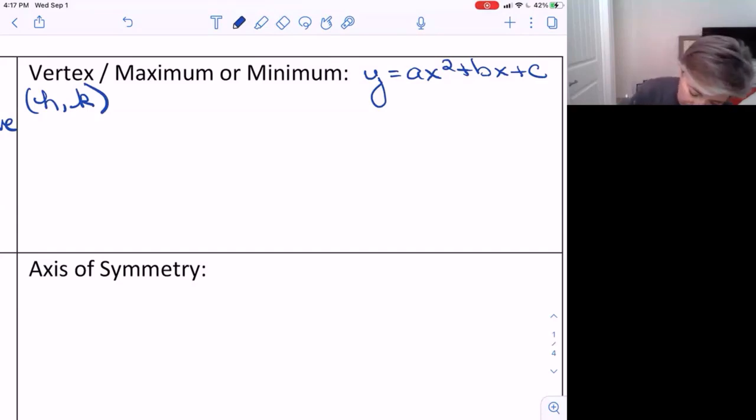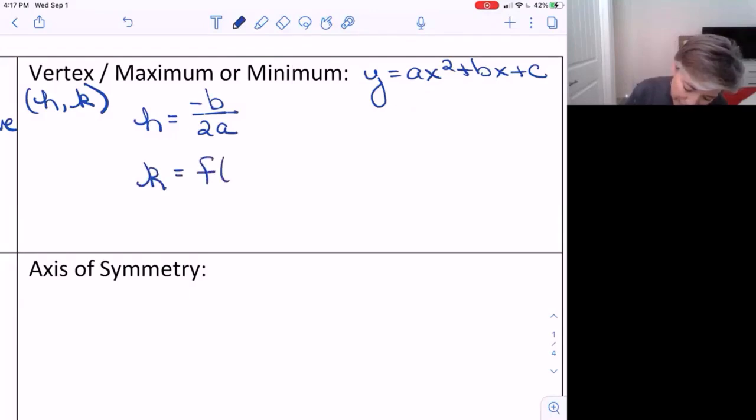So to find the input, or the H coordinate, we take the opposite of the B value and divide it by 2A. And then to find our K value, we plug in that H value into our function, or find the function value of that negative B over 2A.